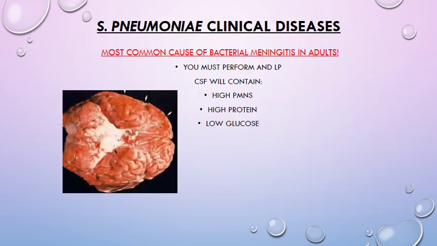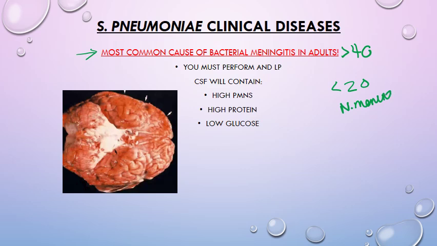Okay, I mentioned earlier that strep pneumo could be an invasive disease. It is the most common cause of bacterial meningitis in adults, typically people older than the age of 40. If we're talking about adolescents to 20-year-olds, it's more likely to be Neisseria meningitidis.